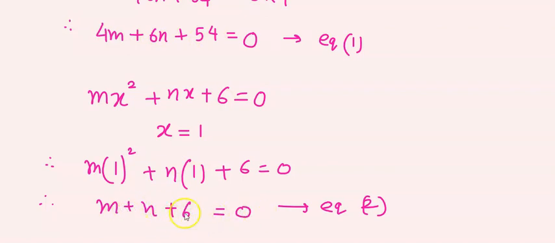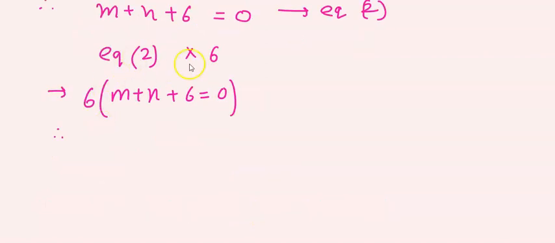If we multiply the second equation by 6, we will get 6m + 6n + 36 = 0. So we are multiplying the second equation by 6. Now we will subtract this equation from the first equation.